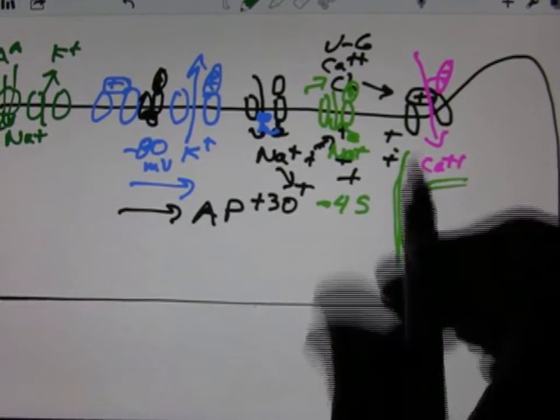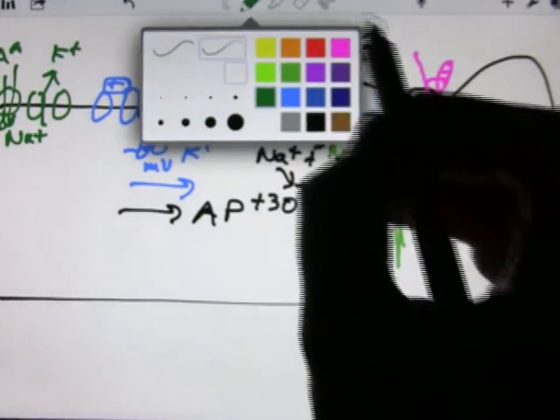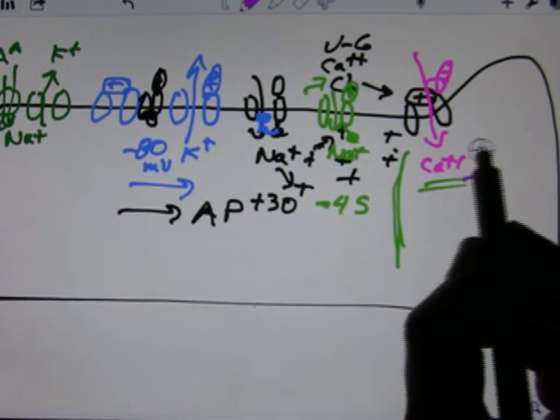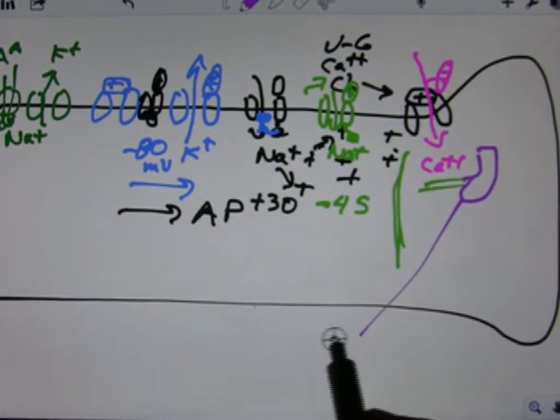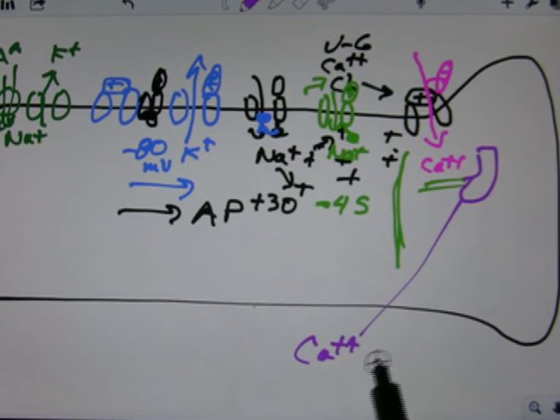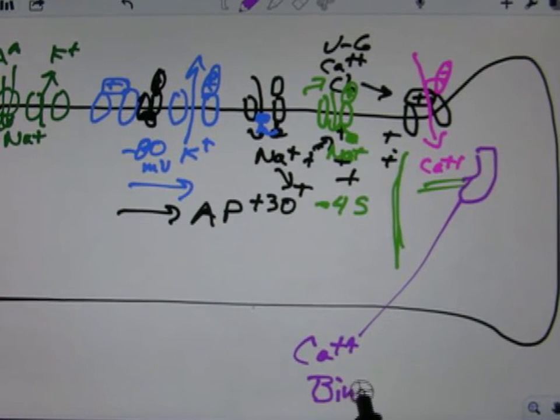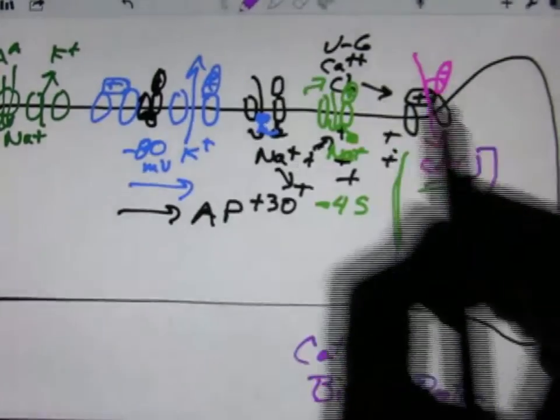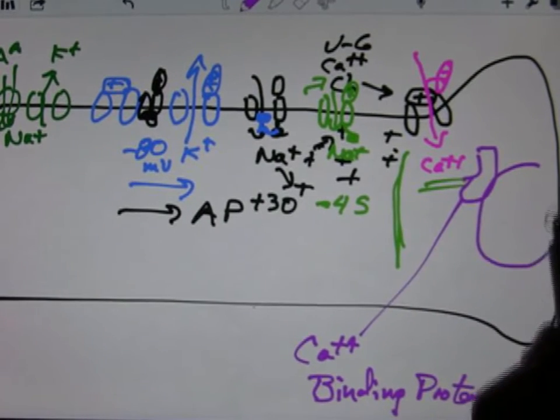To finish this off with the events of a synapse, calcium would bind to some calcium binding protein. That calcium binding protein would interact with a vesicle of neurotransmitter.